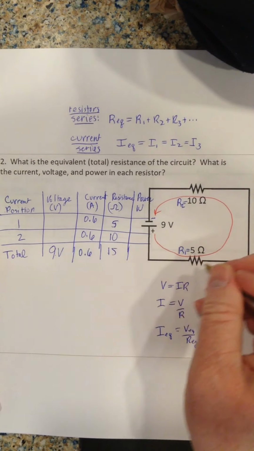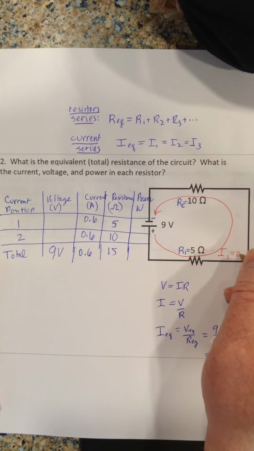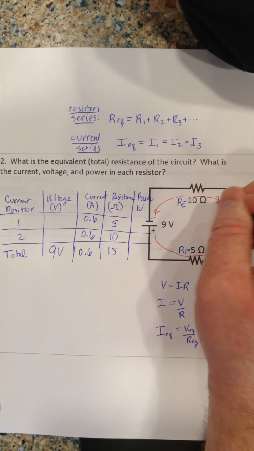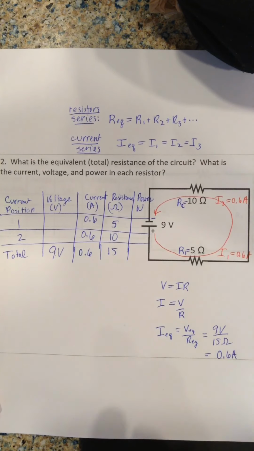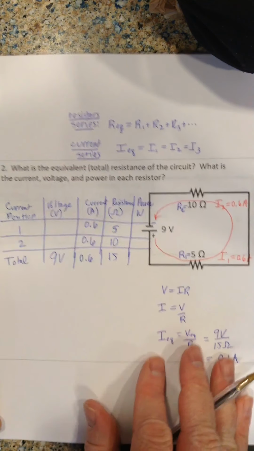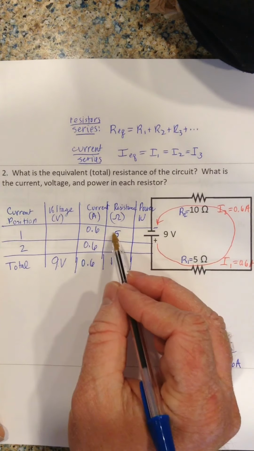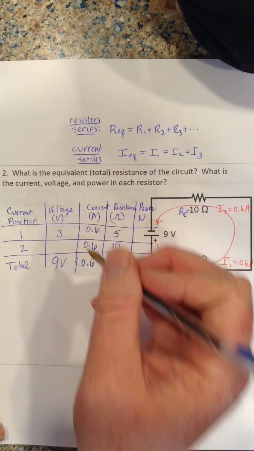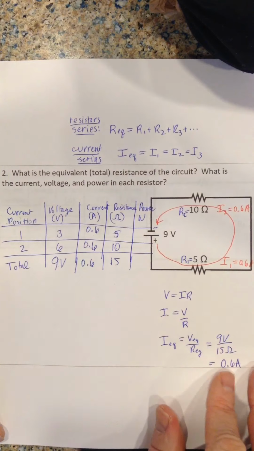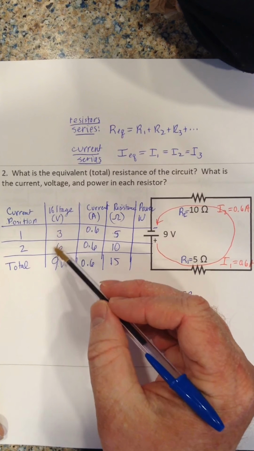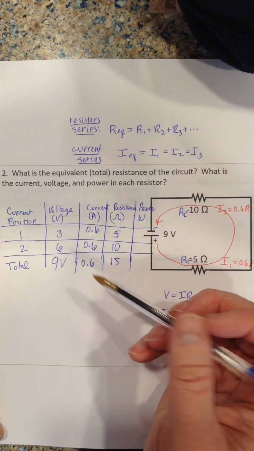If I wanted to label it on the picture, I could say I1 is 0.6 amps and I2 is 0.6 amps. So what would the voltage be then? Well, 0.6 times 5 is 3 volts and 0.6 times 10 is 6 volts. And you should notice that the voltage adds up to 9 volts, which is what I wanted.